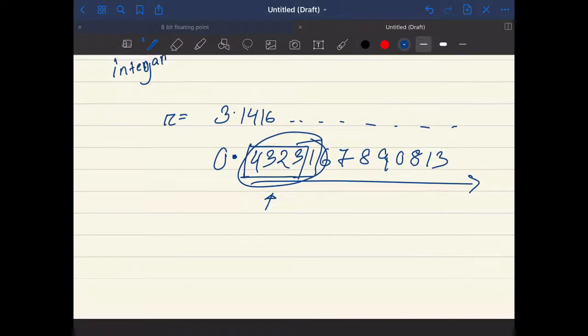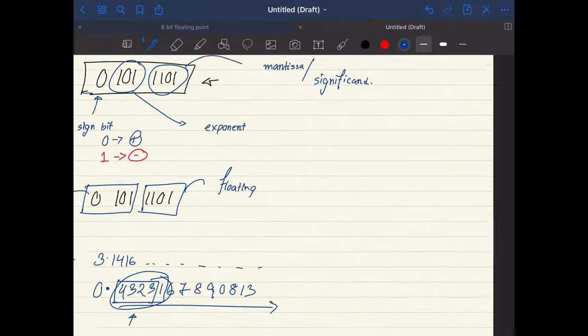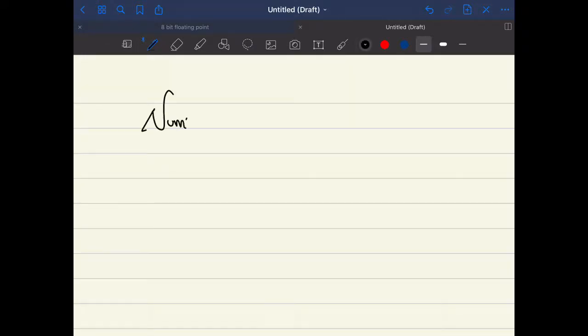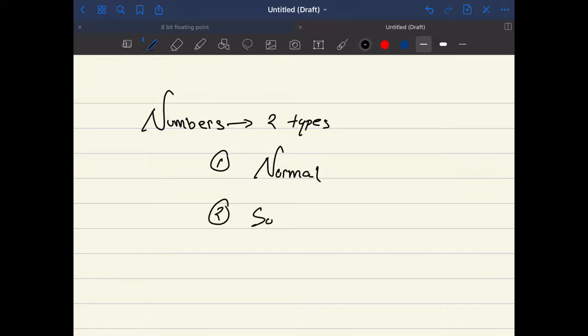Now we'll go through another topic, which is types of numbers. Numbers are basically of 2 types. The first one is the normal number, and the second one is the subnormal number.